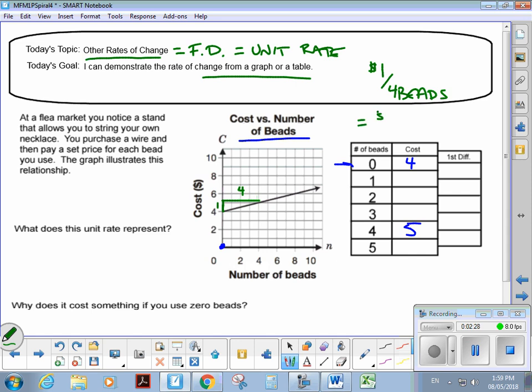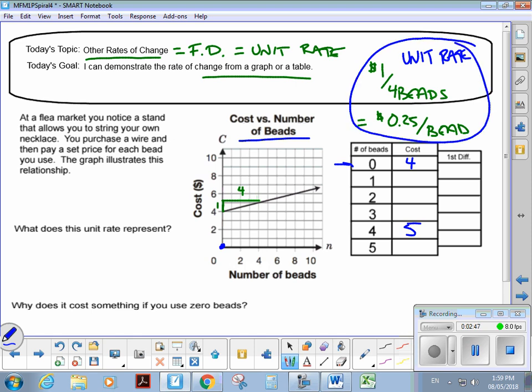That means that if we get down to a unit rate, it is 0.25 per bead or 25 cents per bead. So that's my first difference because this is a unit rate. All right, so from the graph, I found a unit rate. All right, and because unit rate is equal to first differences, I now know that we're going to go up by a quarter each time.